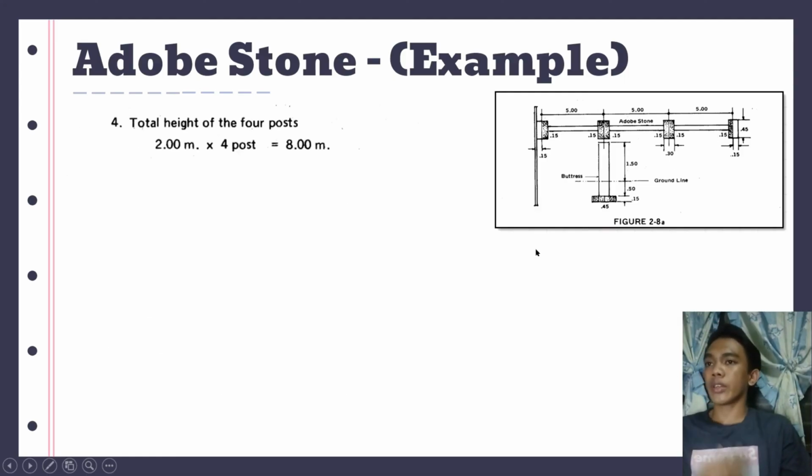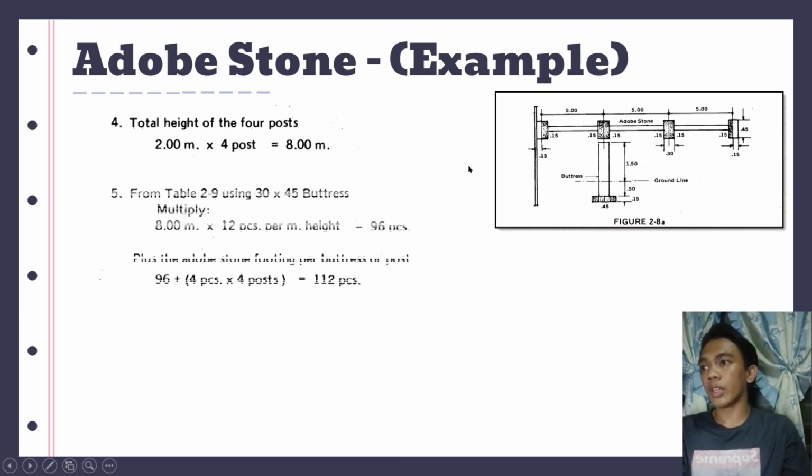Next, we need further calculations for adobe stones. Now this time it is for our buttress. So the total height of 4 posts or our buttress is 1, 2, 3, 4. The total height of that is 2 meters from the footing. We have 4, so 2 times 4 is equal to 8.